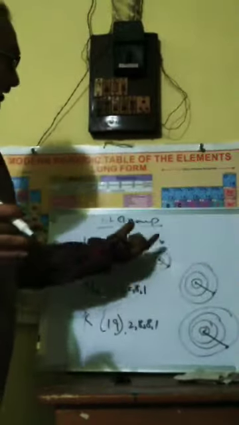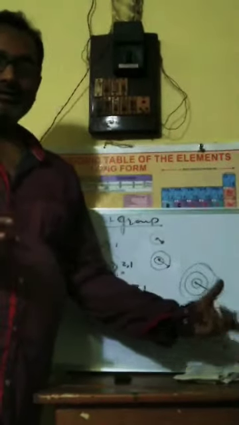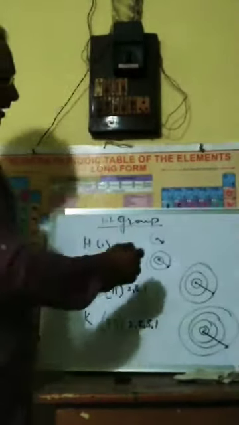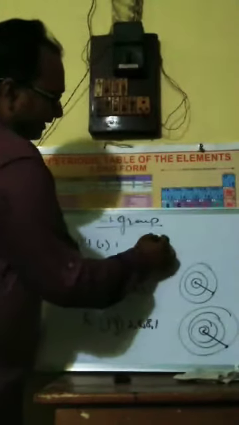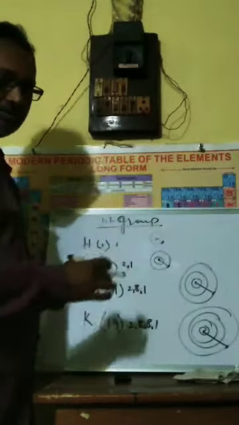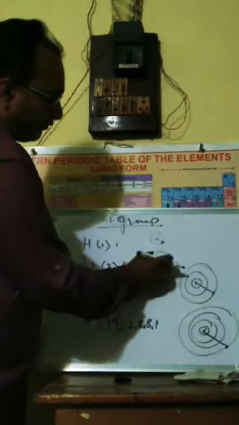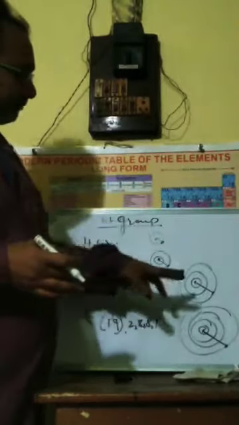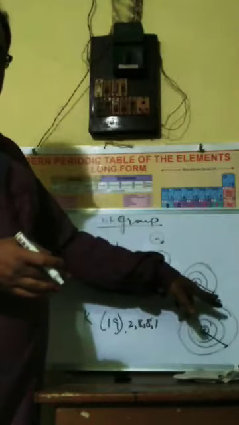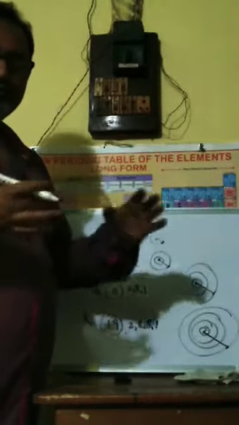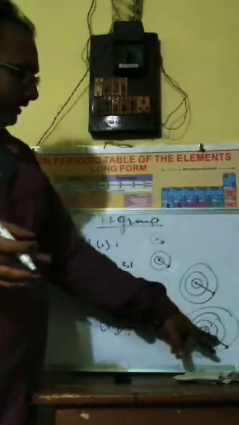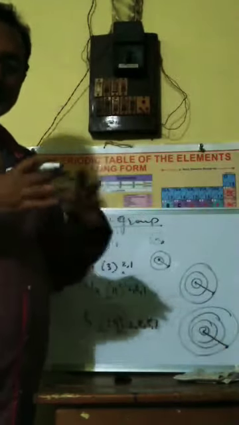And when the distance is increasing, here the distance is very small, the force of attraction will be more. Here the distance is a little bit greater, the force of attraction will be less. Here the distance increases, the force of attraction will also reduce. Here again more distance, the force of attraction will reduce.